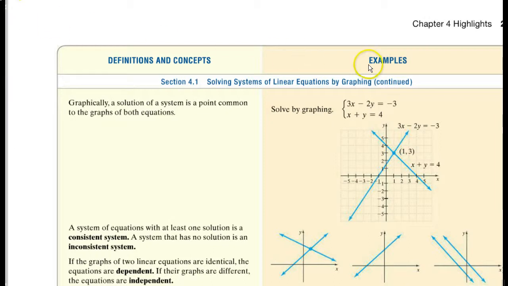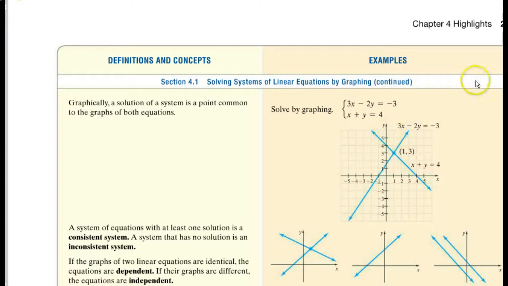Okay, and we said the first method we use, bringing material from Chapter 3 into Chapter 4, was being able to graph these linear equations in two variables. And we had a number of techniques.